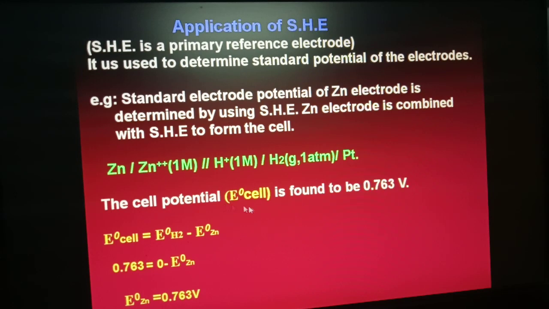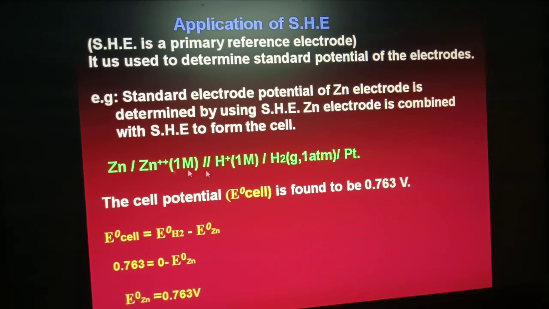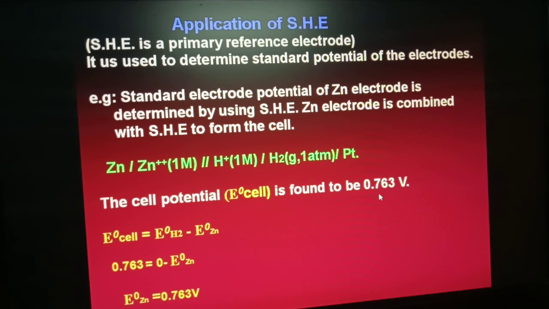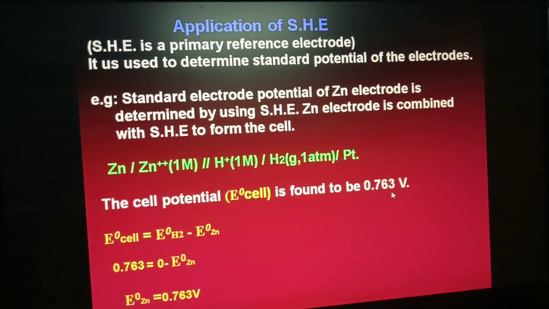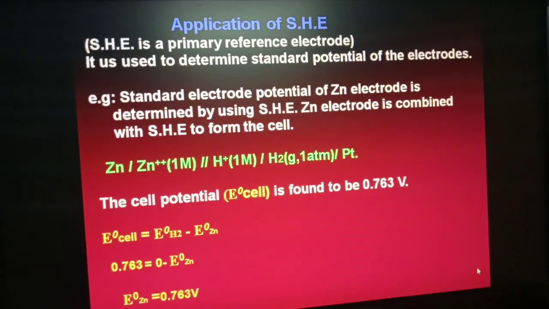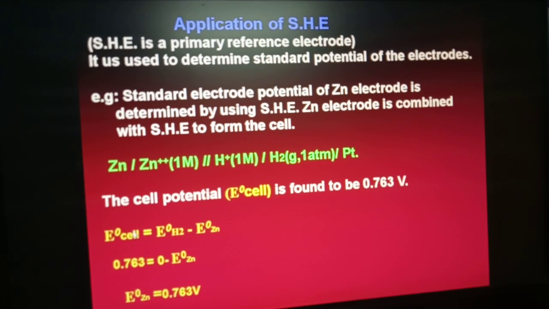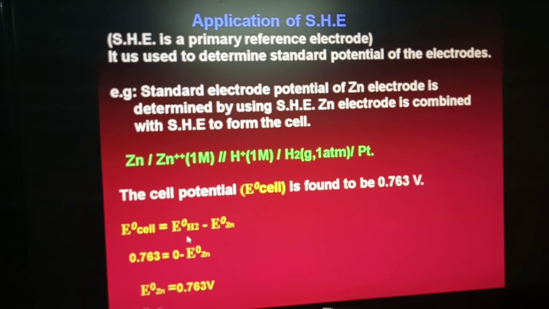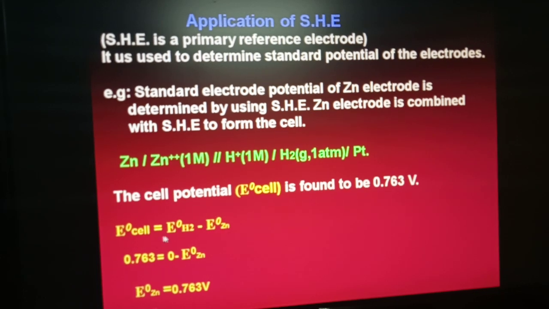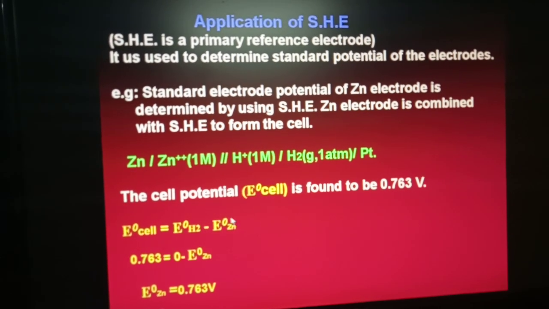Now the cell potential of this particular cell is known, that is 0.763 volt. So we have the formula, E0 cell is equal to right hand side electrode potential minus left hand side electrode potential.